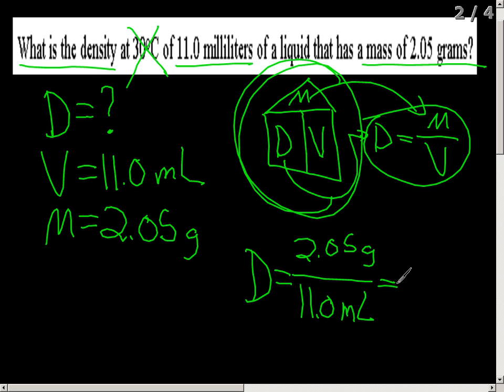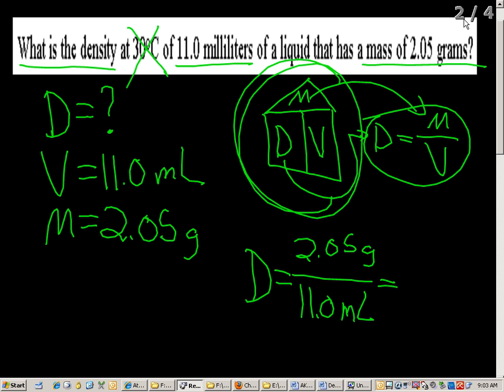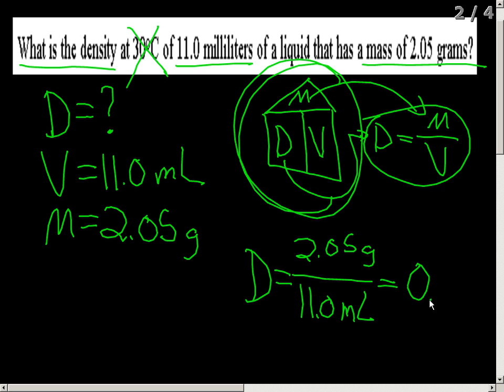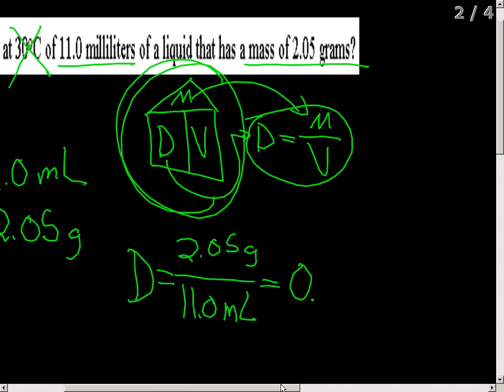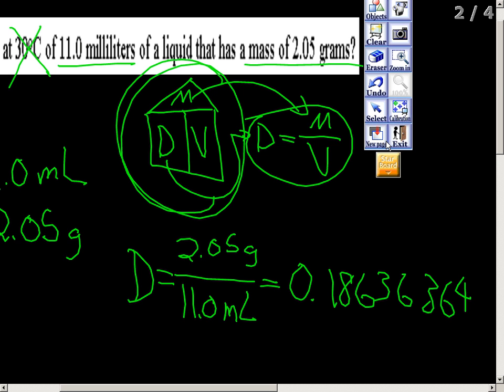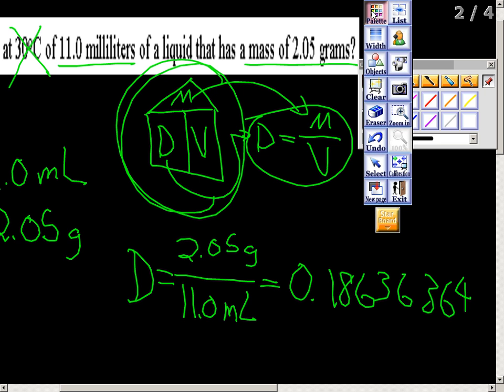If I plug and chug in my calculator, I get 0.186366364. Wow, we're not going to use all those numbers. Remember, in science class, we care about significant figures, and there are rules for using significant figures, and they matter when you take the test.